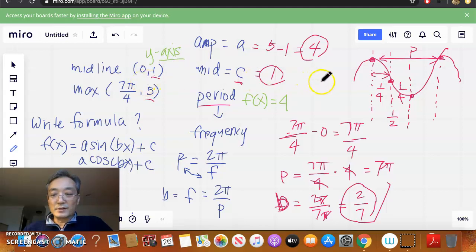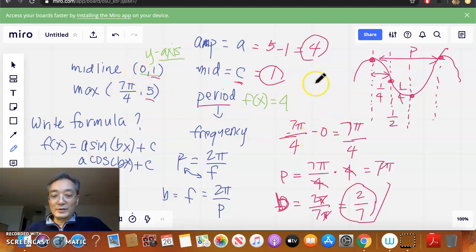That shows us that this problem is a sine problem, right? Sine starts at the midline on the y-axis. If it had started on the maximum, then it would be a cosine. But since 0, 1 is on the y-axis and this function crosses the y-axis at the midline, it is the sine function.